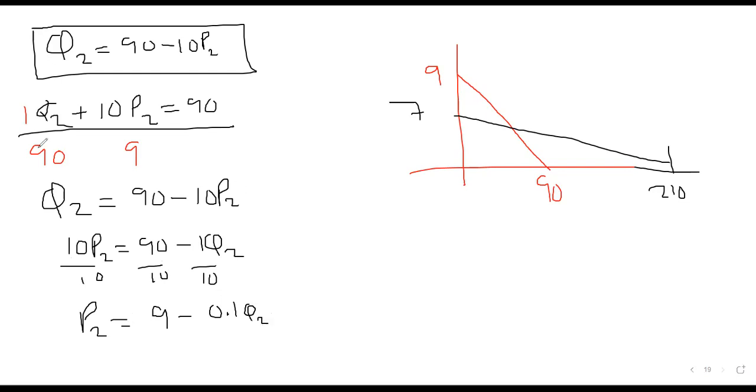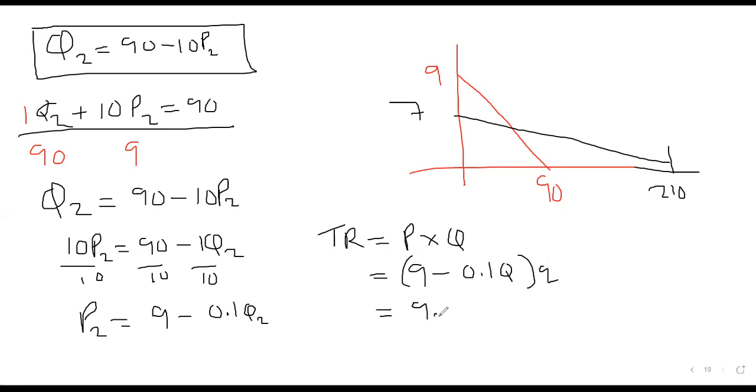All right. Then how do we find the total revenue? Total revenue is given by price times quantity. So 9 minus 0.1 Q, we multiply by the Q. So here we're going to have 9Q minus 0.1 Q squared.